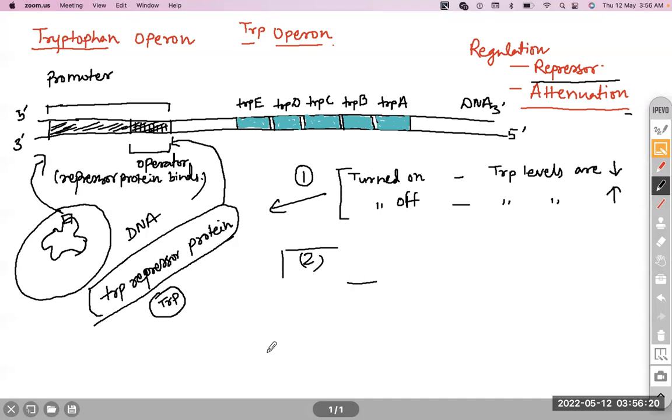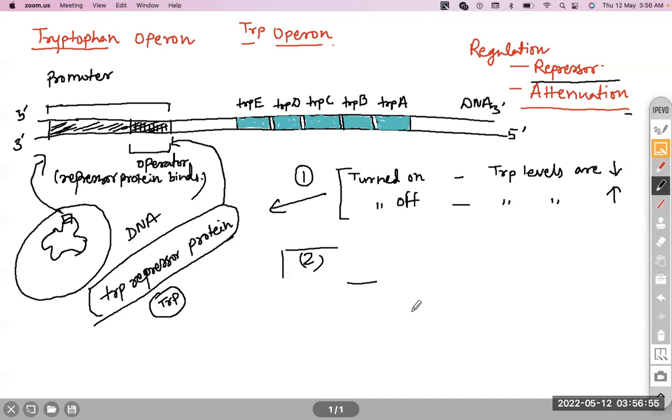So bacteria such as E. coli, or any friendly bacteria which are inhabitants of your gut, even E. coli is a friendly inhabitant of your gut, they need amino acids to survive because they will make proteins.